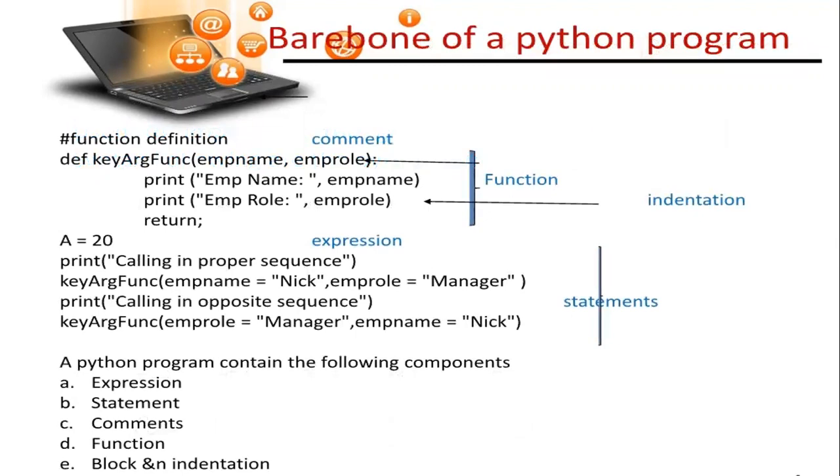Now, this is how a Python program generally looks. So right here, you can see this is a comment. So this is how you always start a code, any sort of a script.